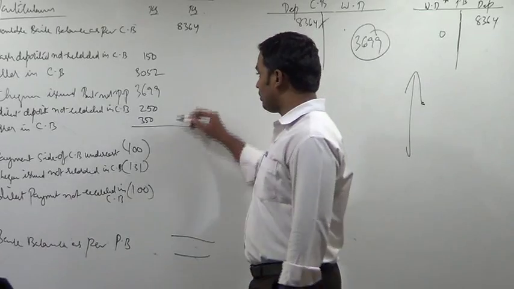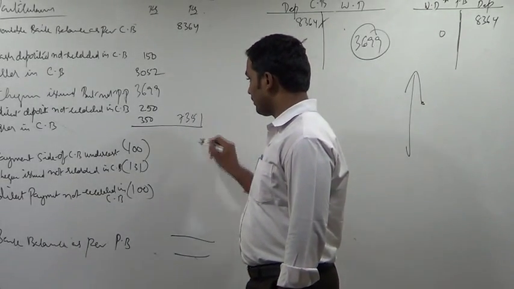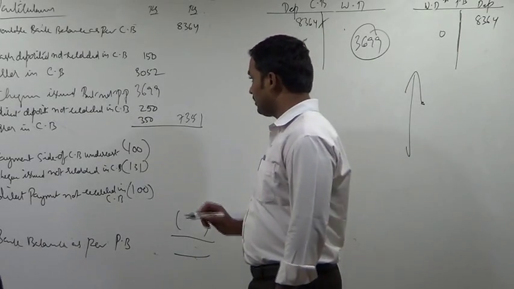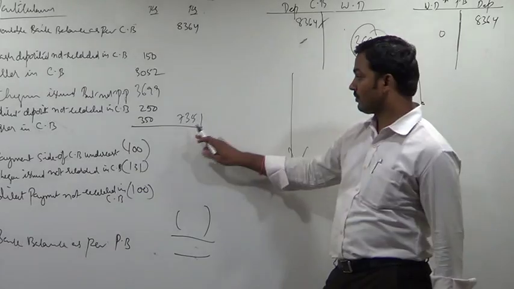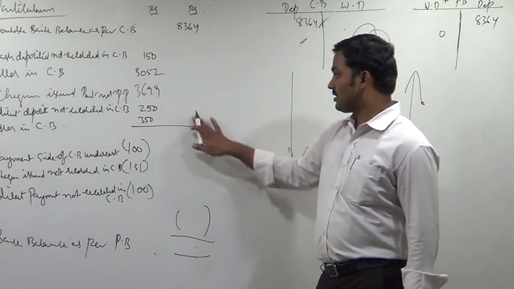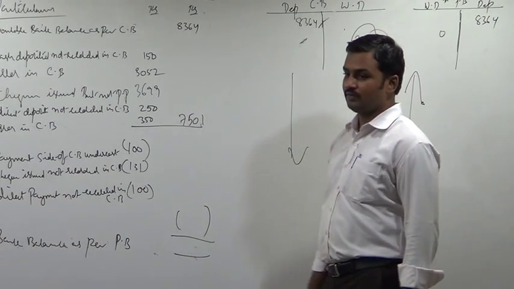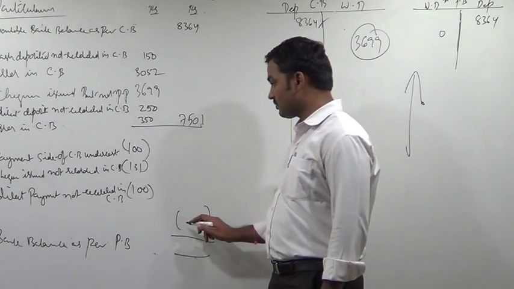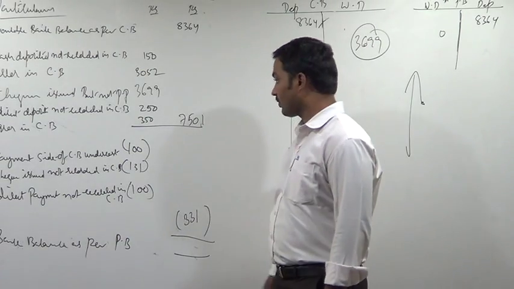Total all these things and tell me how much is it? Is it 7,351? 7,501. Total of the minus items? 331.